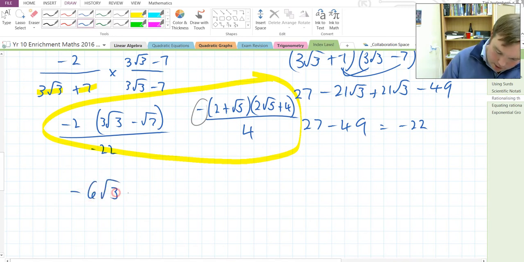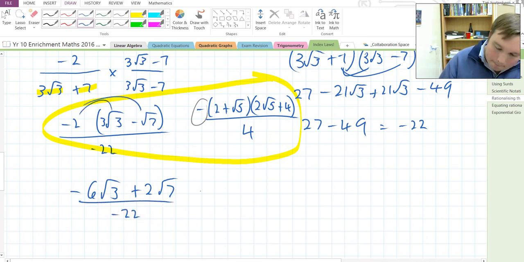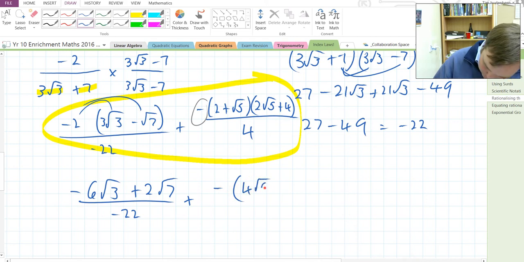Minus 6 root 3 plus 2 root 7, that's doing that, over negative 22. Now, I might just leave that as a plus, because you can think about that as a plus there, the plus minus, and multiply this negative in last. So negative bracket. Now, FOIL. 4 root 5 plus 8 plus 10 plus 4 root 5 over 4.